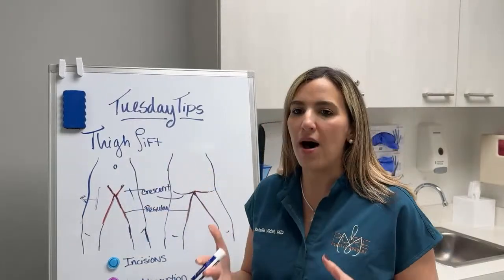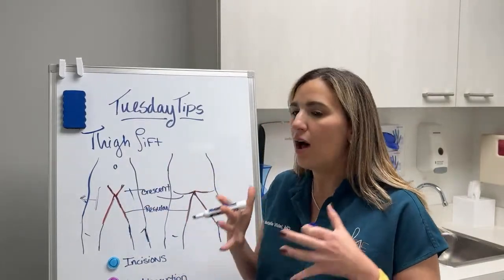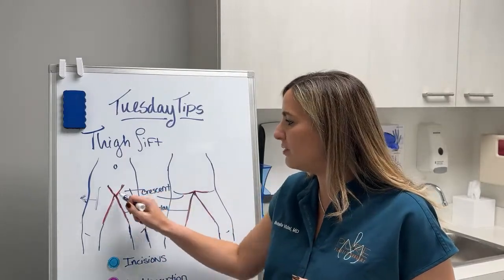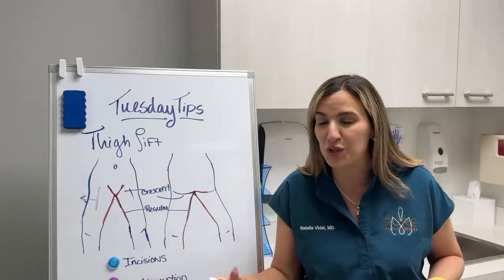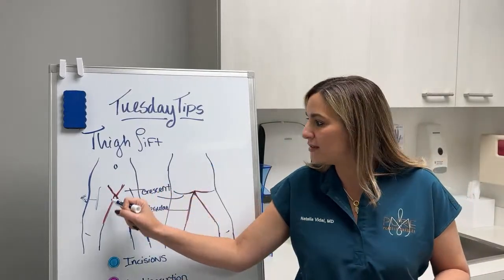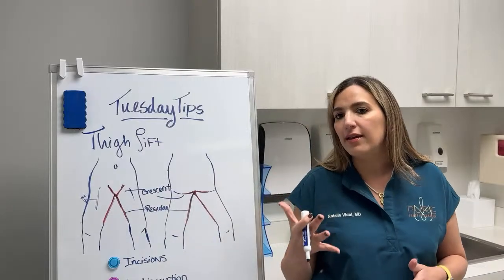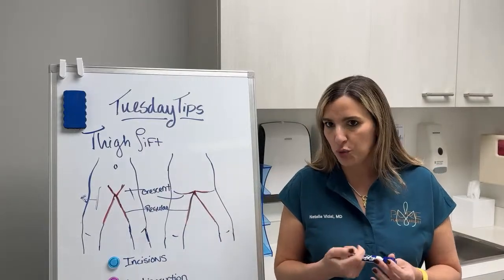A body lift doesn't really address the inner thigh because we have the groin in the middle. So if we want to address the inner thigh, then a thigh lift is the procedure of choice, okay?